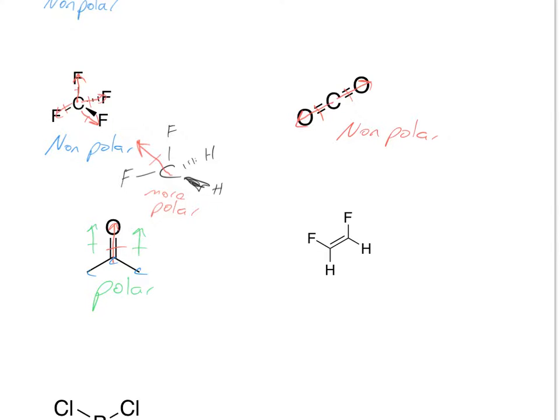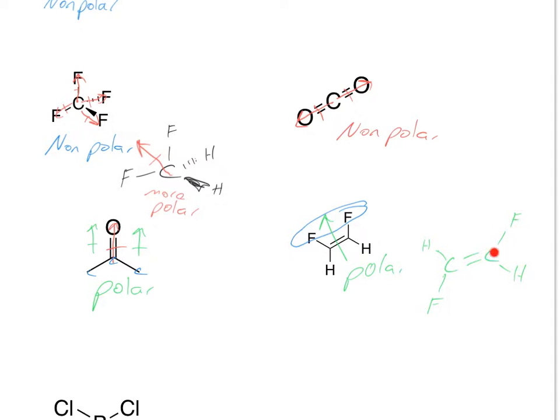All right, the next one, same idea. Do you notice how the two fluorines, right, are on the same side? So overall, we have a dipole moment going this direction. All right, so this would be polar. If, for example, we had something that looked like this, where the two fluorines are exactly opposite each other, this would be much less polar, right?